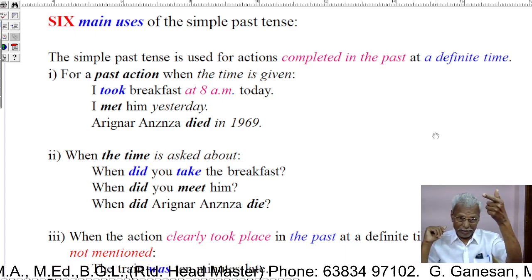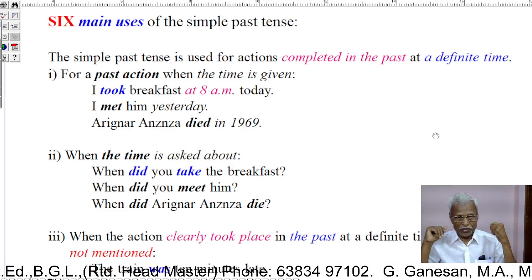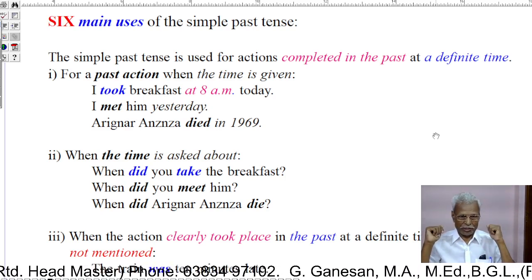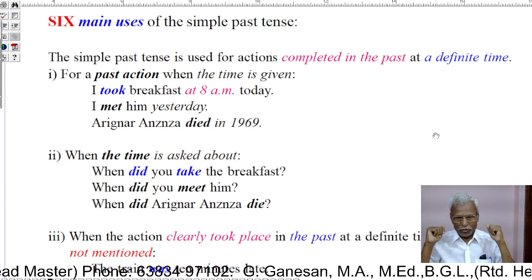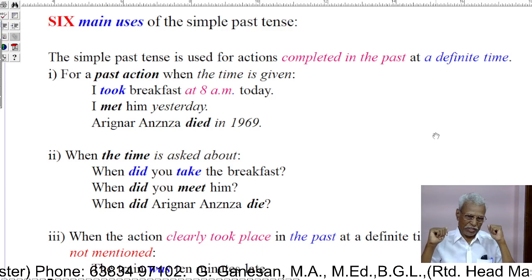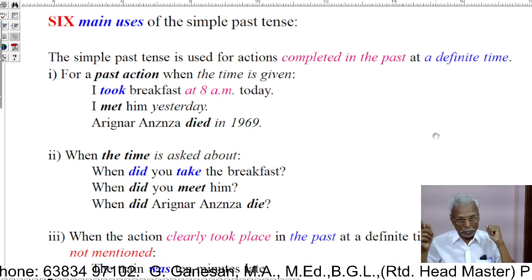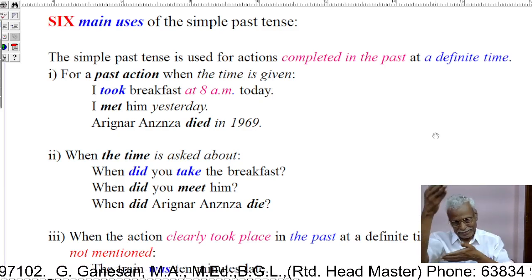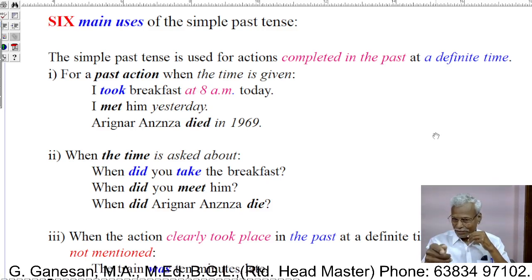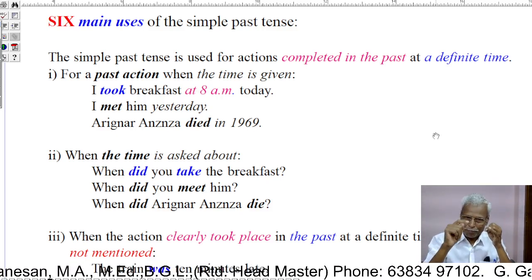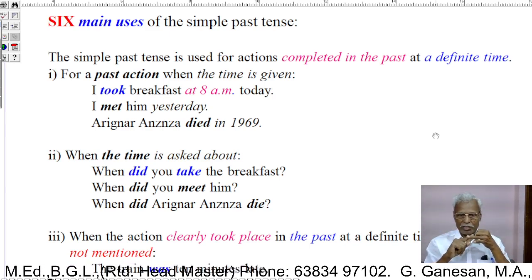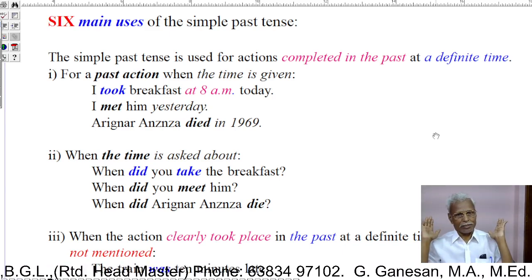In the previous example, I took breakfast at 8 a.m. That is a statement, but here it is a question. When did you meet him? When did Annadurai die? Here the answer would be the time: 8 a.m. for the first question, yesterday for the second question, 1969 for the third question. Okay?